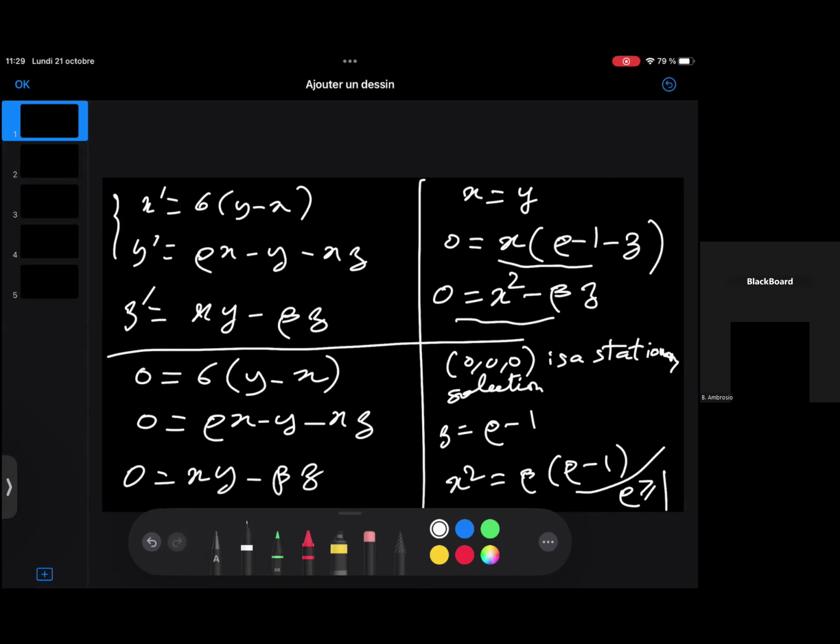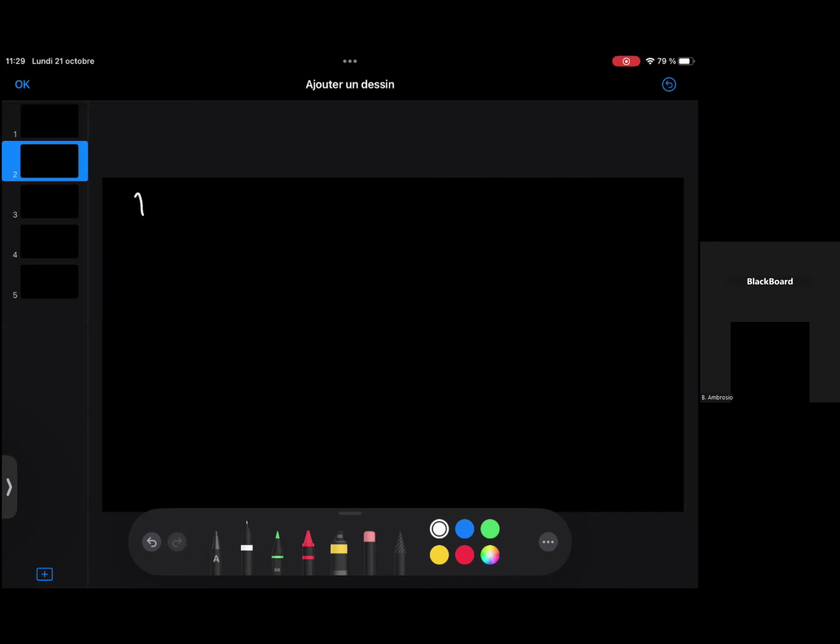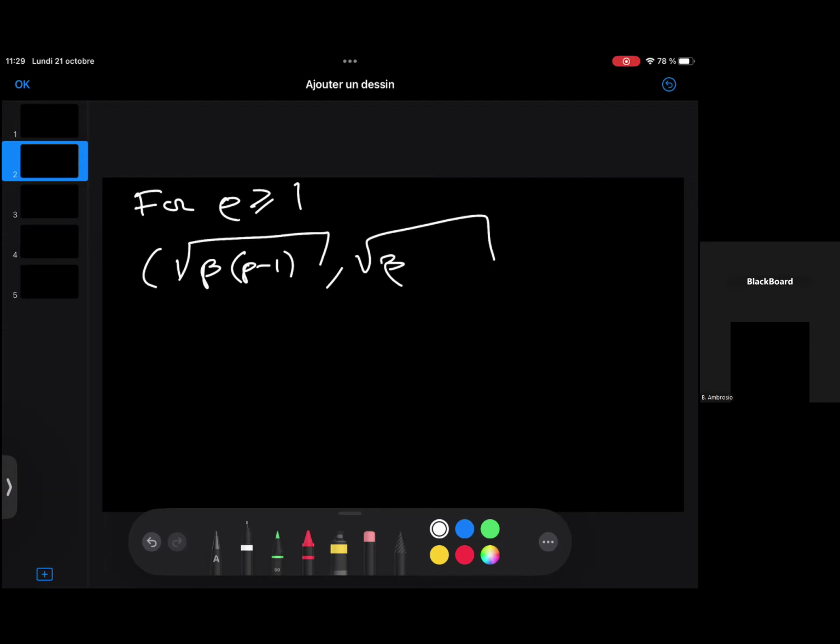For rho greater than 1, two new stationary solutions appear, which are square root of beta (rho minus 1), square root of beta (rho minus 1), and rho minus 1, and the same with a minus here.